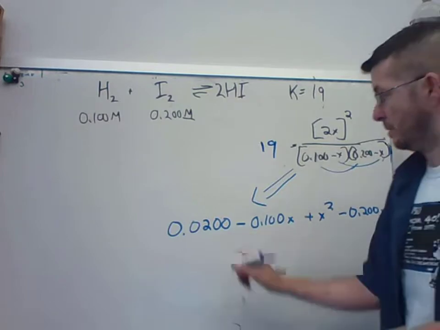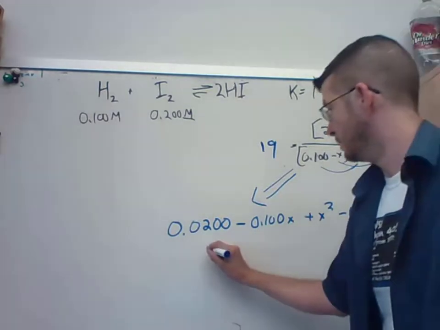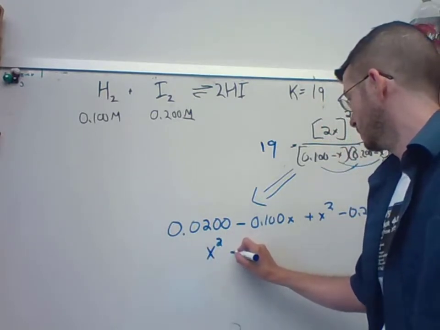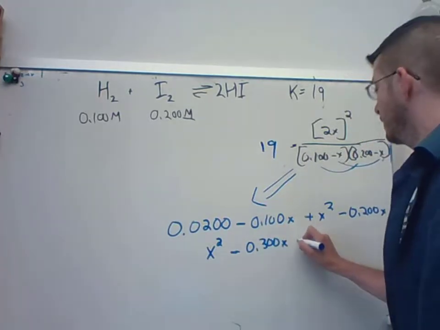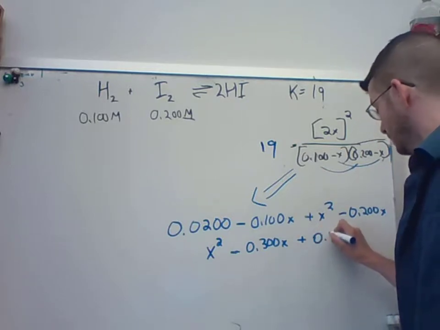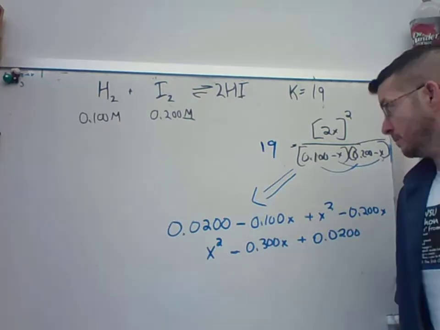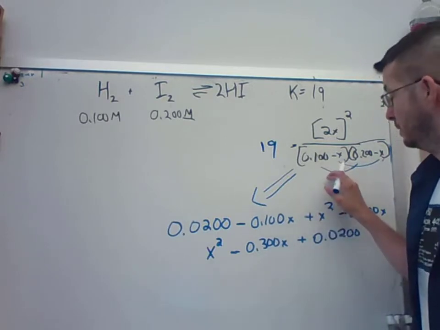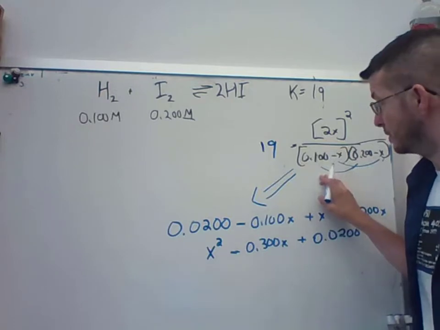And so that's exactly what I'm going to do. We get this long form, which we can combine the variables into x squared minus 0.300x plus 0.02. So that is now our denominator in this system.